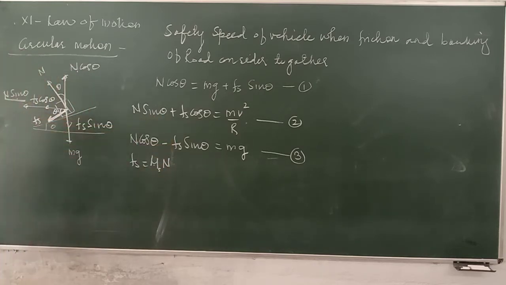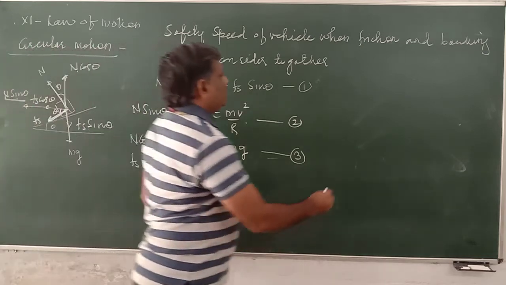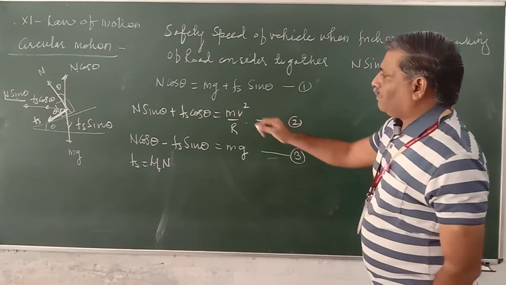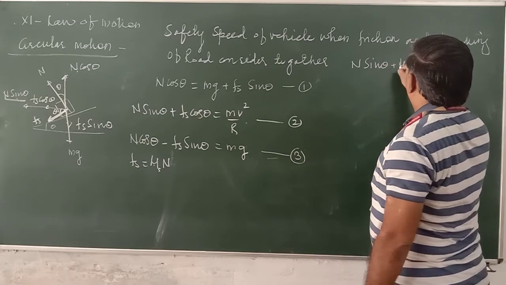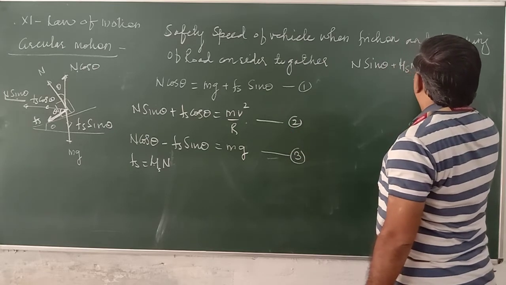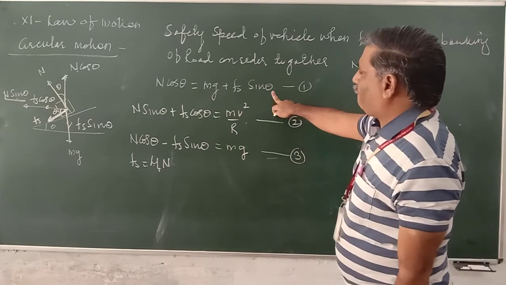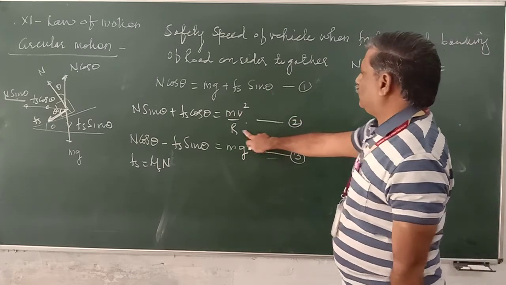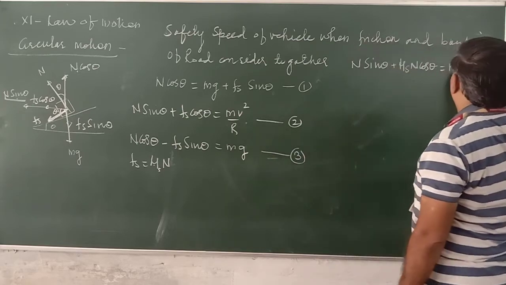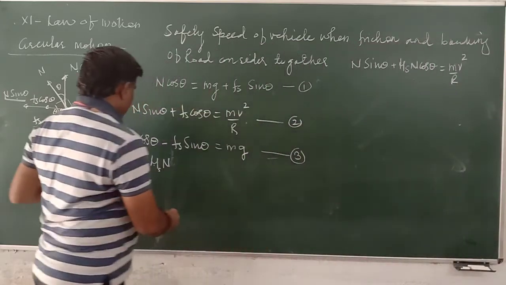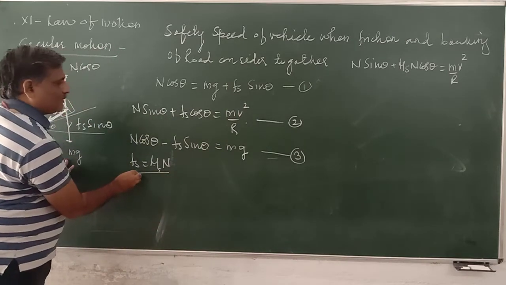Therefore, this equation becomes n sin theta plus mu s n cos theta, which is equal to mv square by r. Check it. Here I substituted mu s n.